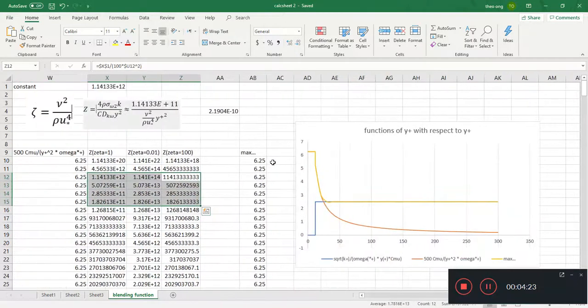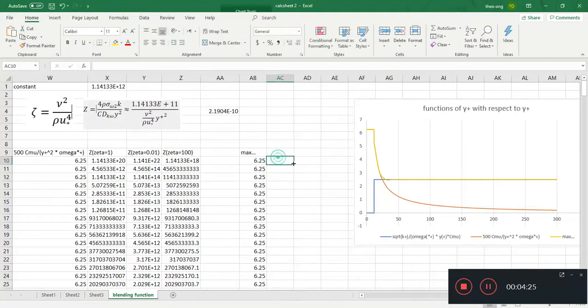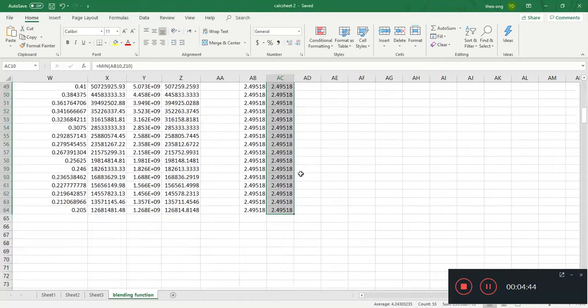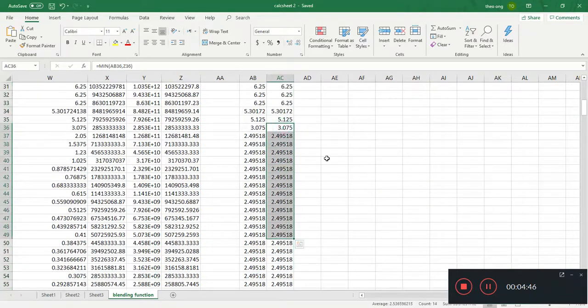If the argument decreases with y plus, then I'll have the argument equal the minimum of this and this. Let's say this is 6.25, and then it just jumps down very quickly.